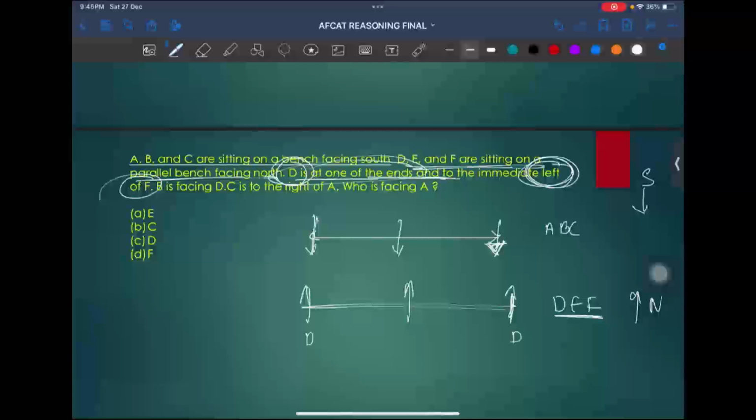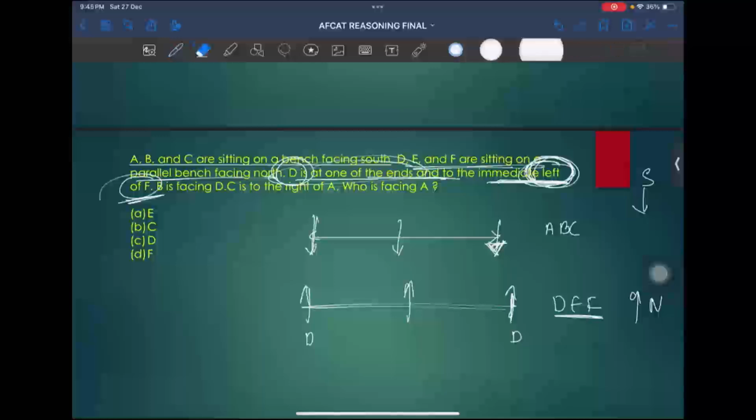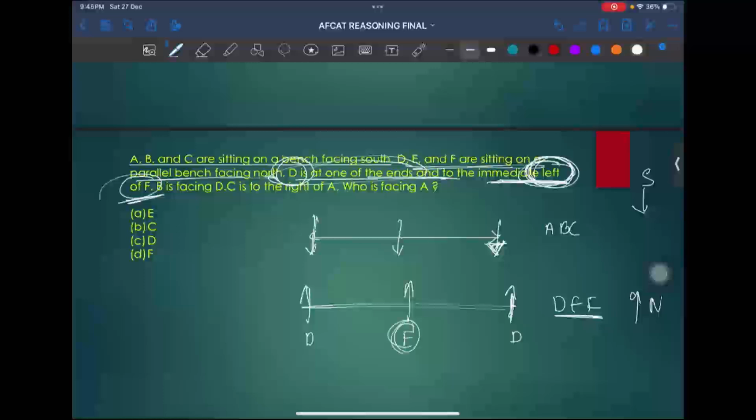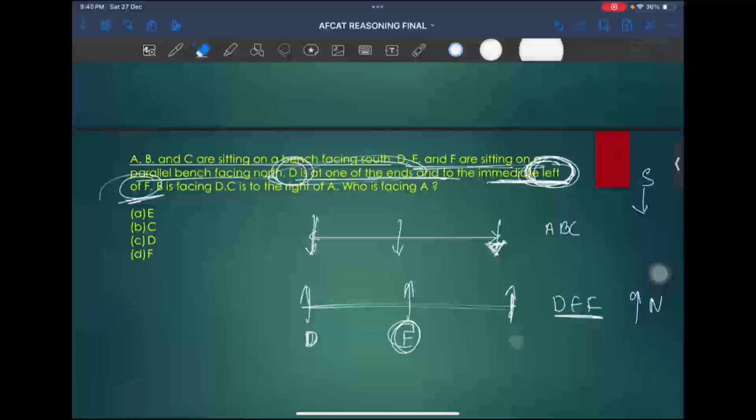But from the next statement, we can conclude that D is at one of the ends, to the immediate left of F. So D is always to the left of F, and this is only possible when F is sitting on this side, because F's left will be this one, because they are facing towards north. So F can be here.